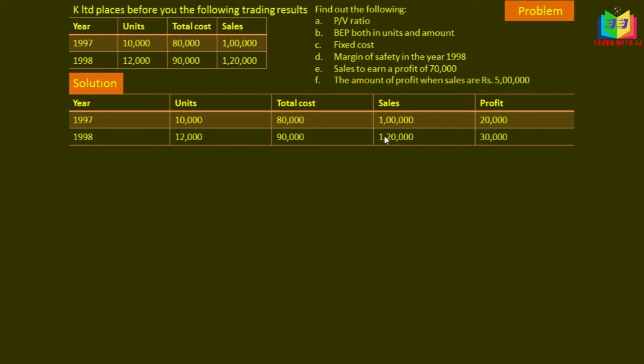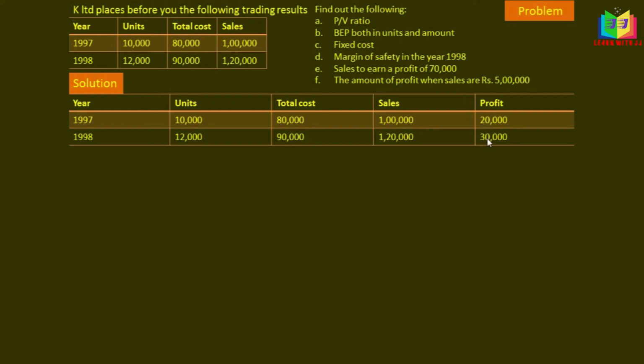Now we can work out the problem, because for finding this PV ratio we should know the change in profit and the change in sales. So now we can find out the change in profit. 30,000 minus 20,000 will get 10,000 as the change in profit. In 1997 the profit was 20,000 and in 1998 the profit was 30,000.